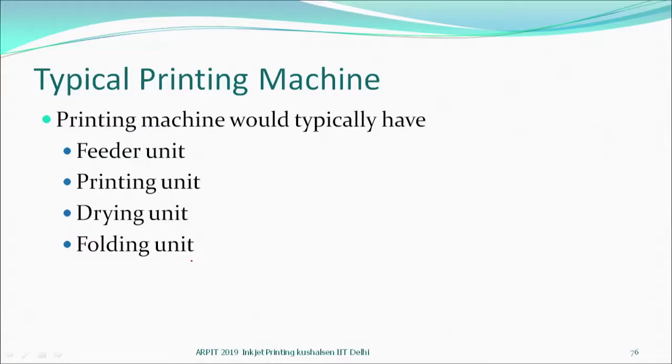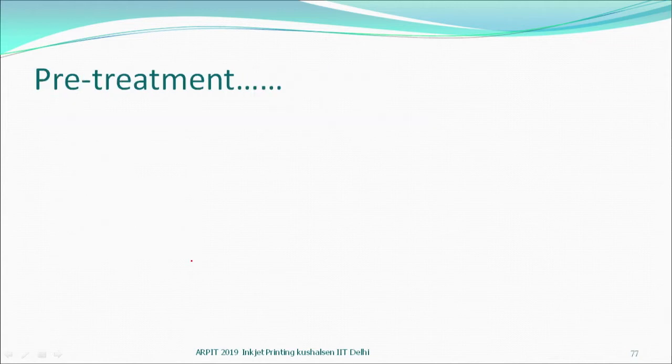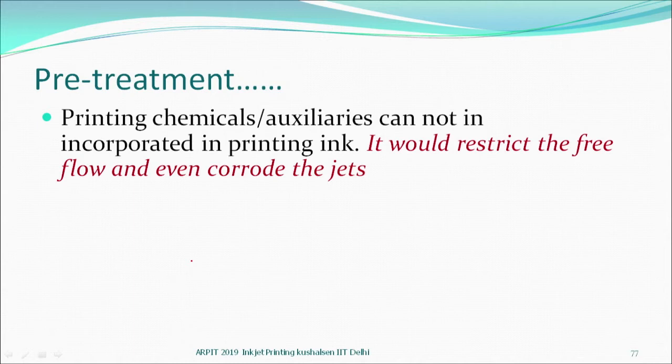So, a typical printing machine therefore, would be having a feeder unit, which will ensure that right fabric in a right form is gone, a printing unit, a drying unit, and a folding unit. But that is one part, but you may require a pre-treatment. Why? Because now we are dealing with various types of inks. It could be an acid ink, it could be reactive ink, it could be a disperse ink, pigment.